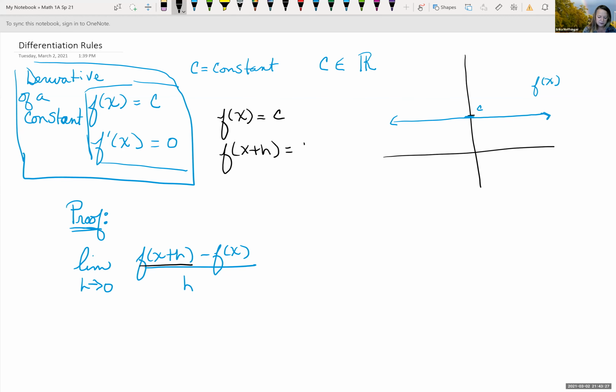And so it's always just going to be back my constant c. So I have the limit as h goes to 0 of f of x plus h, which is c, minus f of x. Well, f of x, I would just replace with what my equation was. f of x is c, so minus c, all over h.